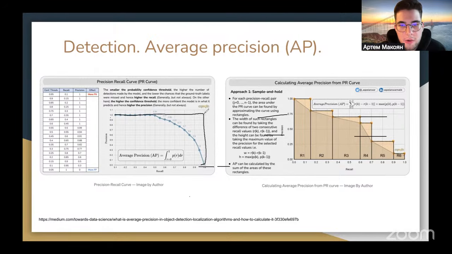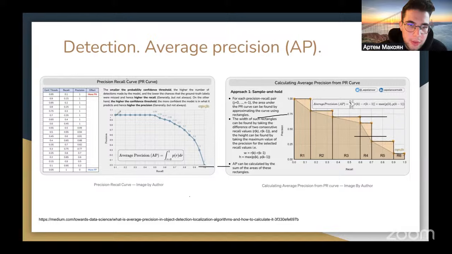This means that you have a point where recall is 1 and precision is 1. That's great because you don't miss and all your guesses are right. And here you can see that the area under this curve is 1.